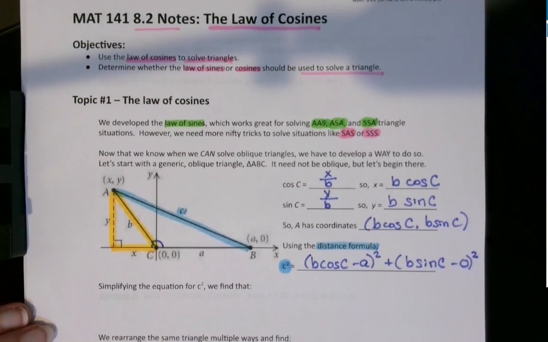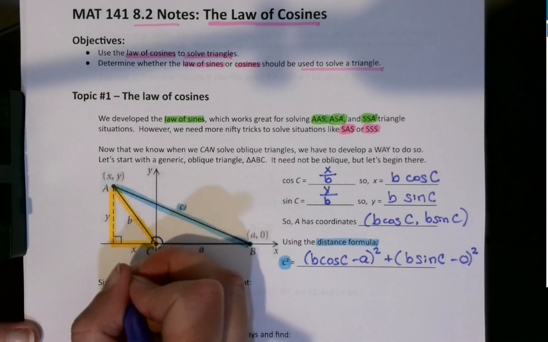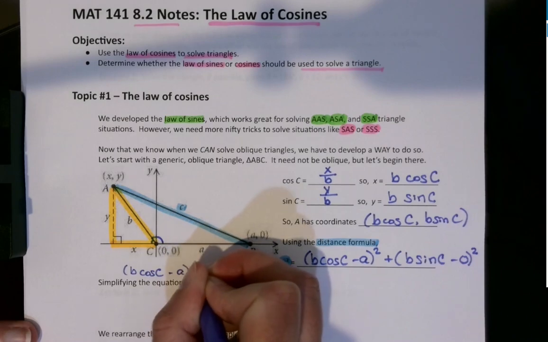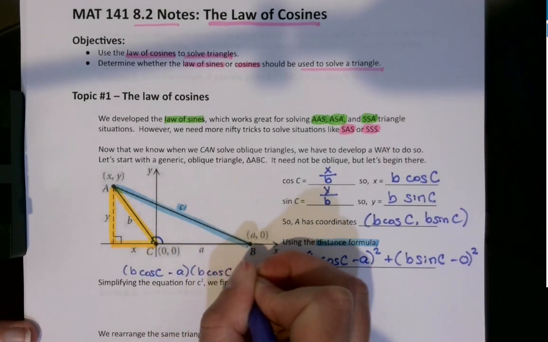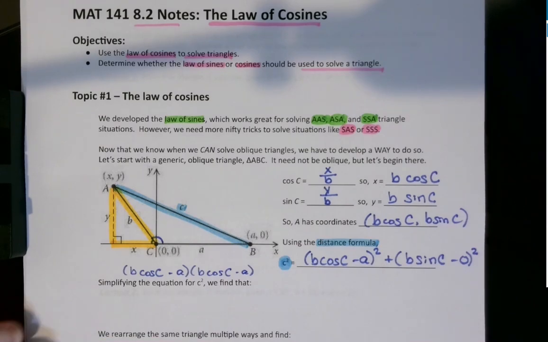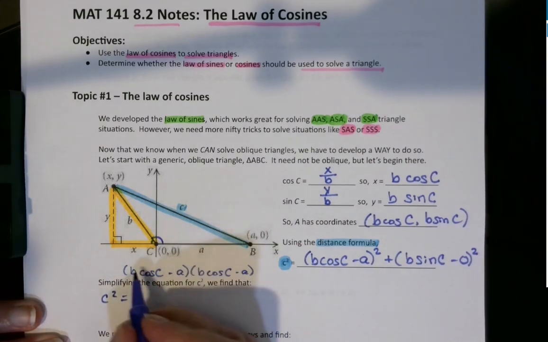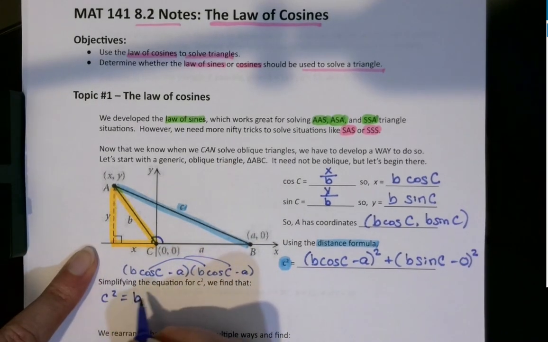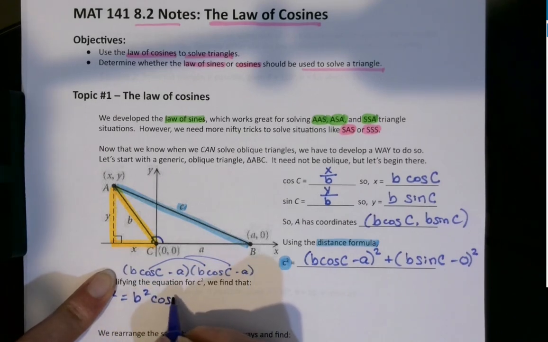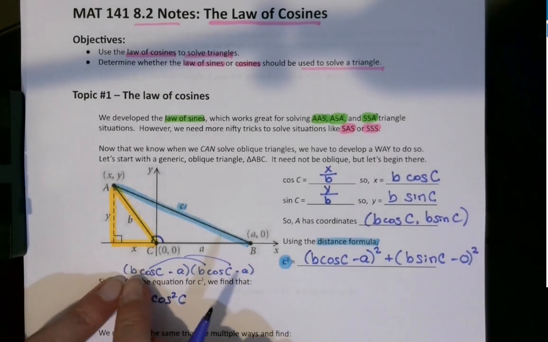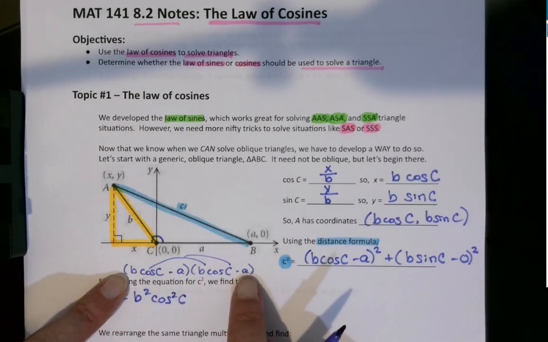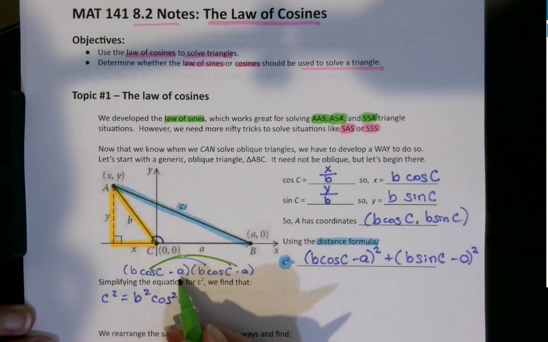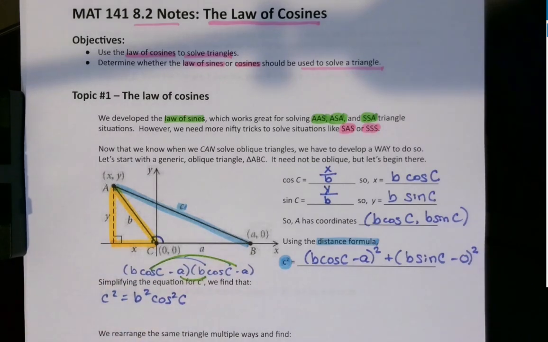So we need to do a little bit of simplifying here. In that first place, when we have b cosine C minus a squared, we're going to multiply it by itself to expand that square. So c squared is going to be equal to b cosine C times b cosine C, which is b squared cosine squared C. Then I'm going to have a negative ab cosine C from this grouping, and another negative ab cosine C from the other middle term.